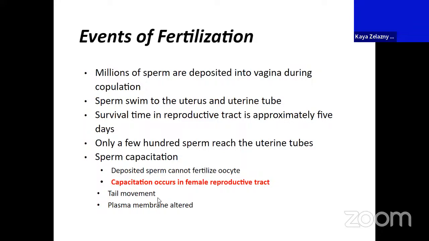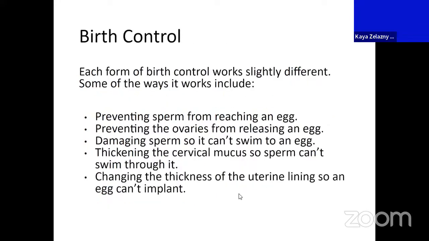They have changes to the movements of that flagella that let it beat harder, as well as changes to the plasma membrane of the sperm, because they have to break through a sort of outer protective layer around the oocyte. And that takes a chemical process, basically. So they're changing their membrane as well during that capacitation process.